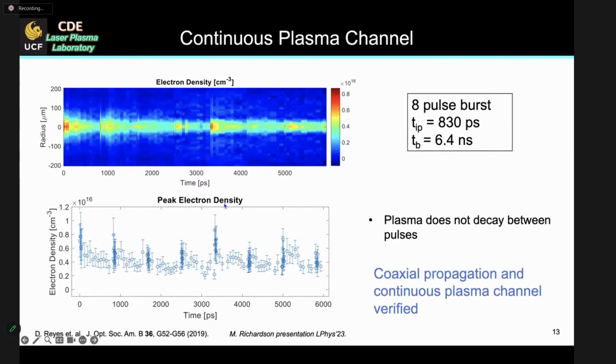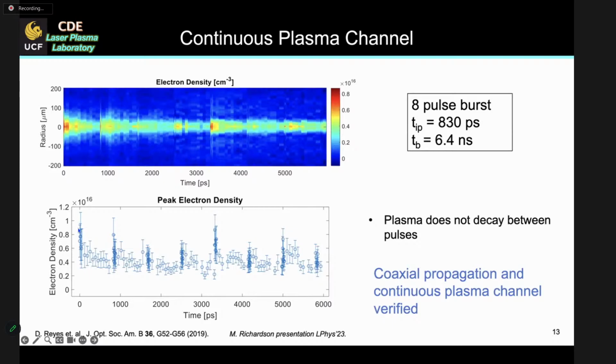So here are the results of our electron density measurements. Now we use the same method of measuring the electron density, but now we look at the electron density between each one of these pulses. In this case, separated by 800 picoseconds. And you see that more or less, as I think we would expect, an individual filament is intensity clamped.